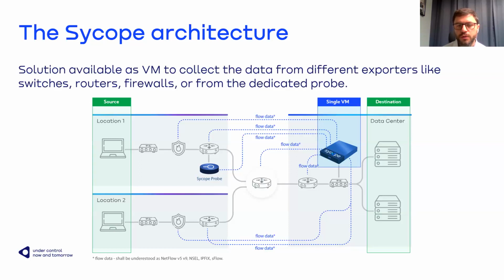The probe can also analyze the payload of the packets. So it's possible to enhance the NetFlow with extra information from layer 7, and I will tell you a little bit more about this function in the next few slides.